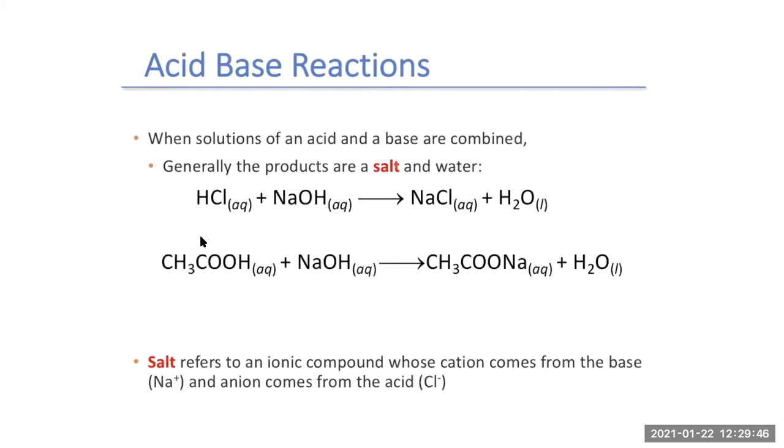And so if I have acetic acid and sodium hydroxide, I'll get sodium acetate and water. You can see it's still an ionic compound and water. So therefore, this one has to be an acid-base reaction. So even if you don't know the names of the compounds, you see water as a product and something that's ionic, you know you did an acid-base reaction.